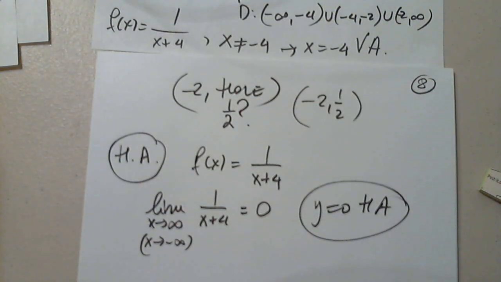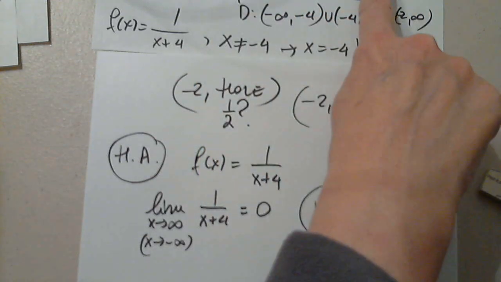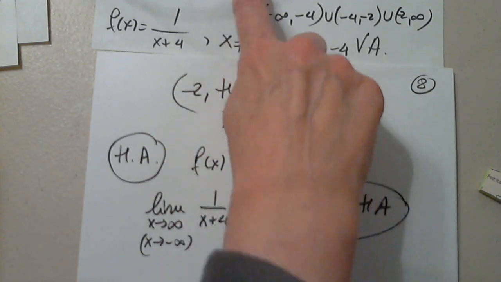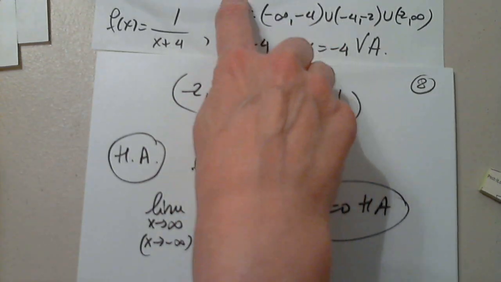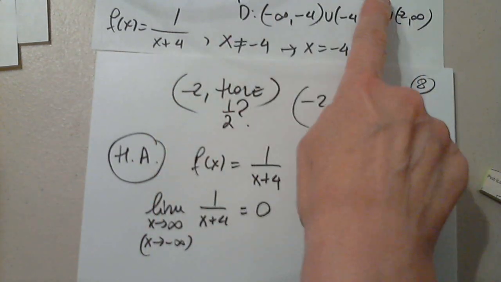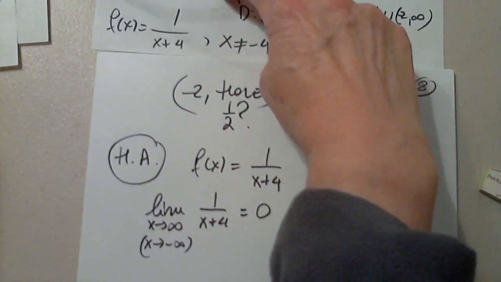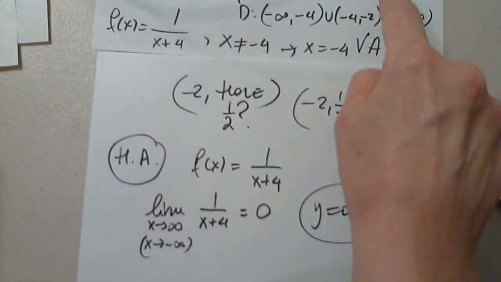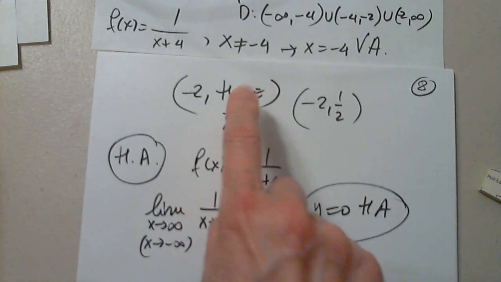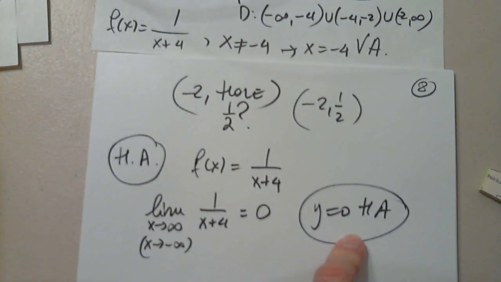No, they're not. Because this factor disappears. It can no longer be a vertical asymptote. If I had here x plus 1 and I could not simplify x plus 2, then x equals negative 2 and negative 4 would have been vertical asymptotes. But the moment this factor disappeared, negative 2 comma 1/2 became a hole. So there is only one vertical asymptote and there is one horizontal asymptote.